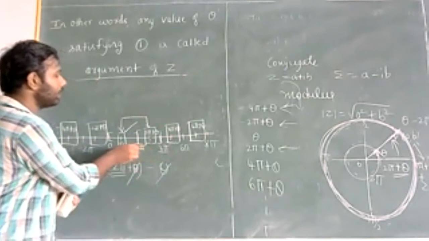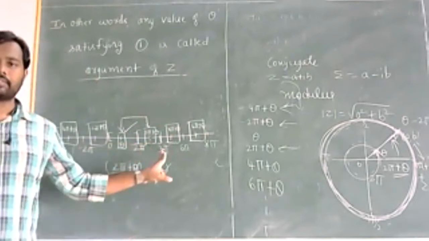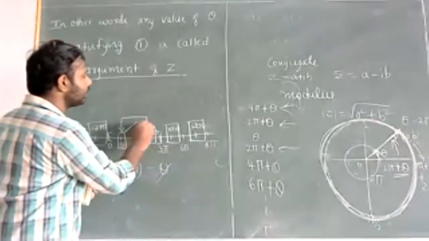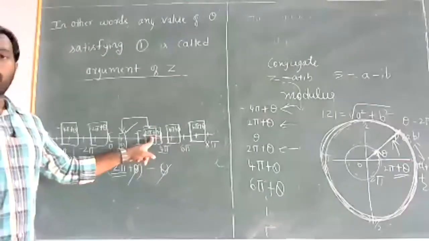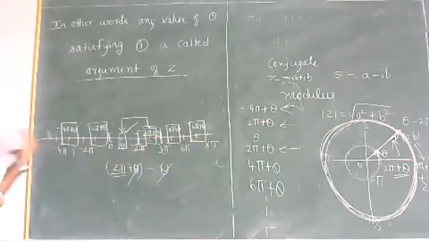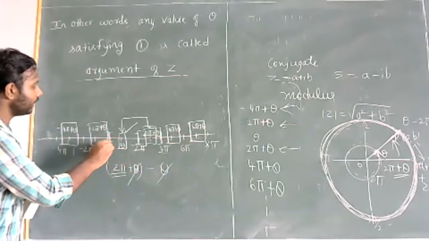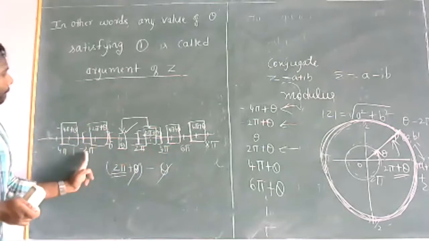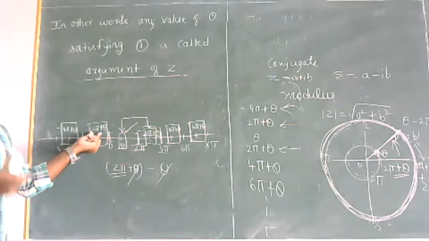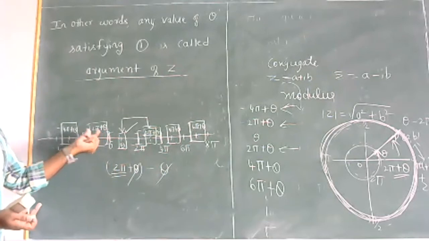Upper limit minus lower limit gives the length of that interval. This interval contains only one argument value. Similarly, consider the interval minus 2 pi to 0. This interval will also contain only one argument value.